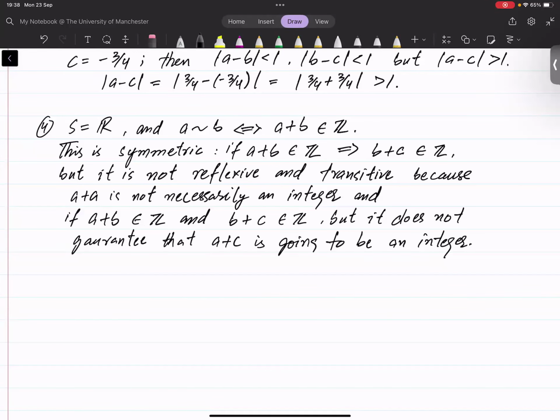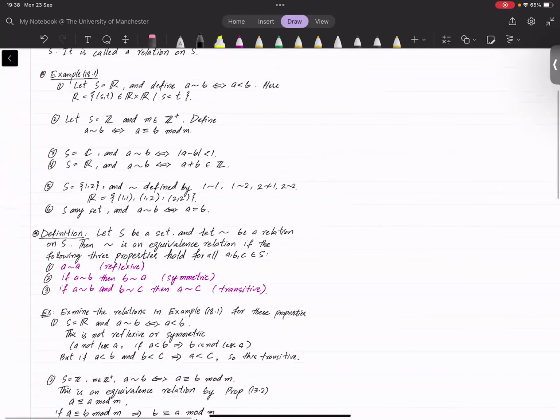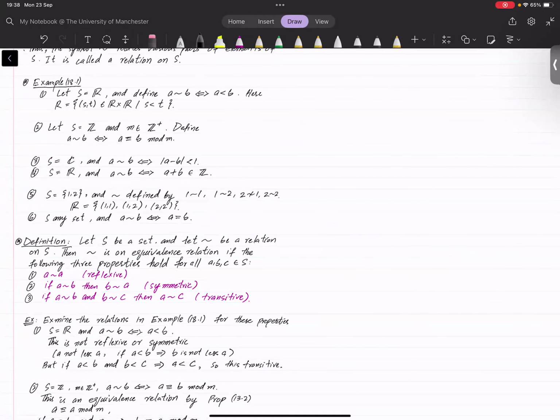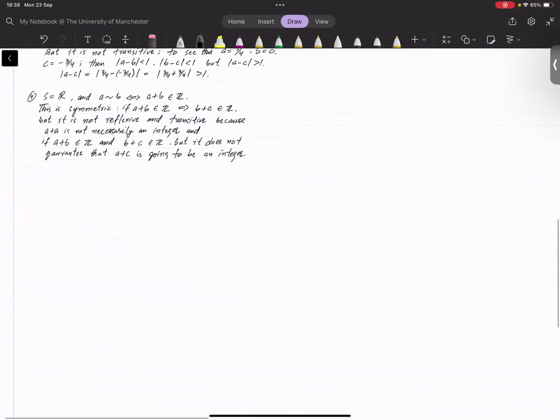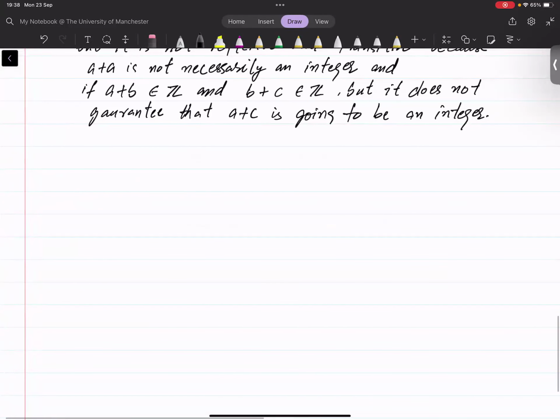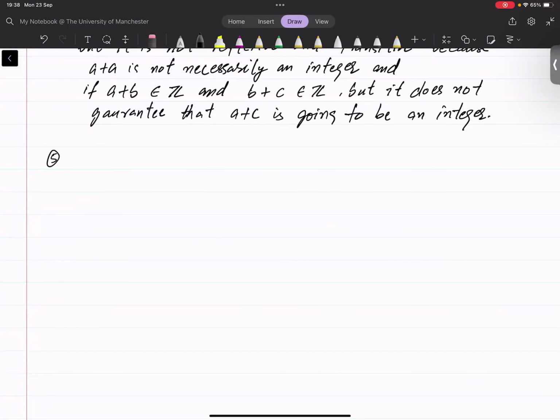And if you go further, number 5 was that S had 1 and 2, and the relation we had is (1,1), (1,2), and (2,2). Now this is certainly reflexive and transitive, but not symmetric.